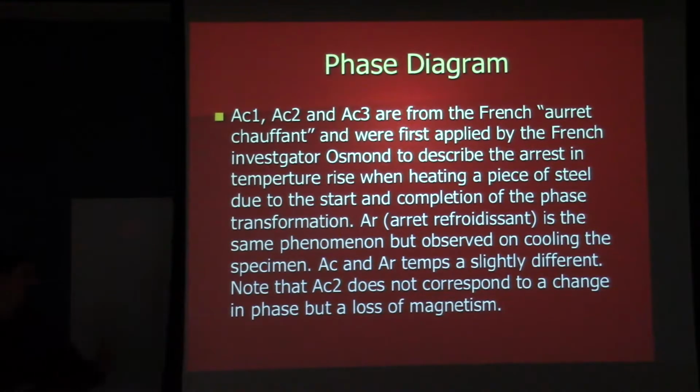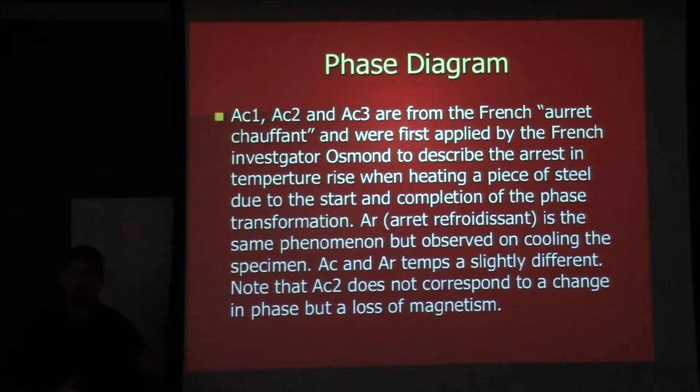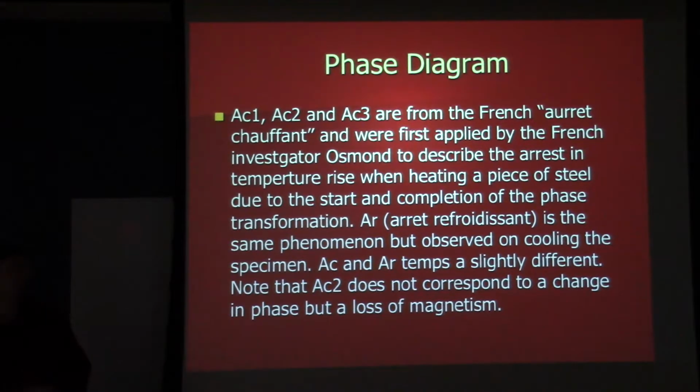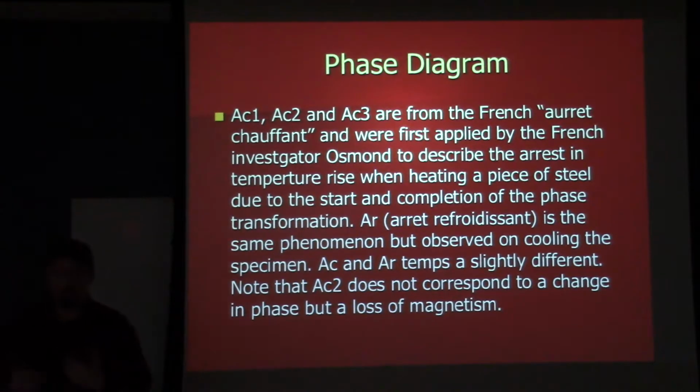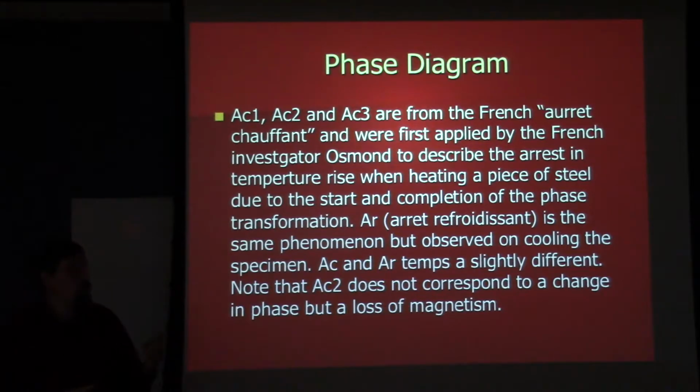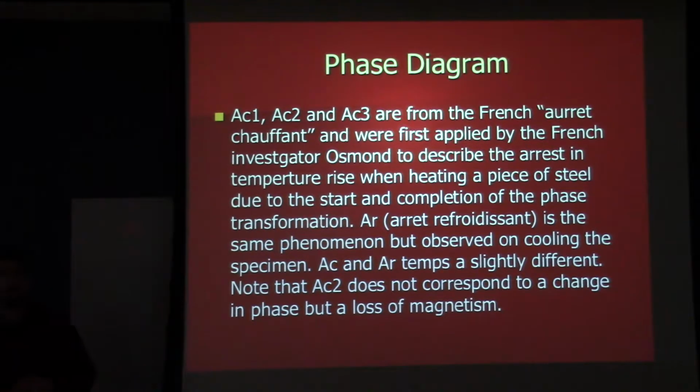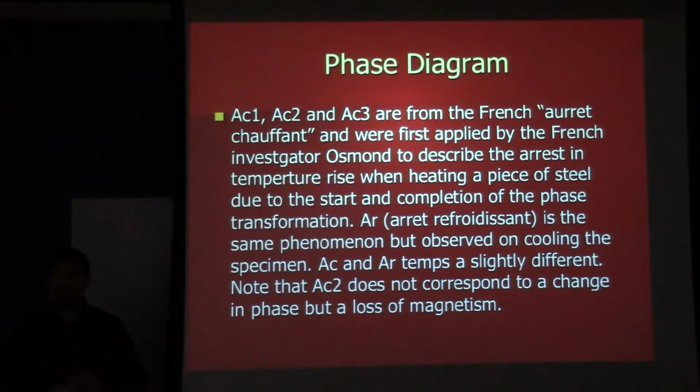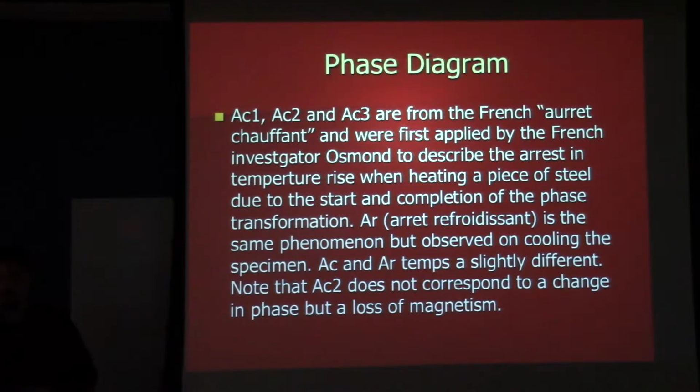On cooling, you would use the term AR1, 2, or 3. The 1 and the 3 are the temperatures that have significance to us in industry. The AC2 is specifically the temperature at which you no longer have magnetism in the part.